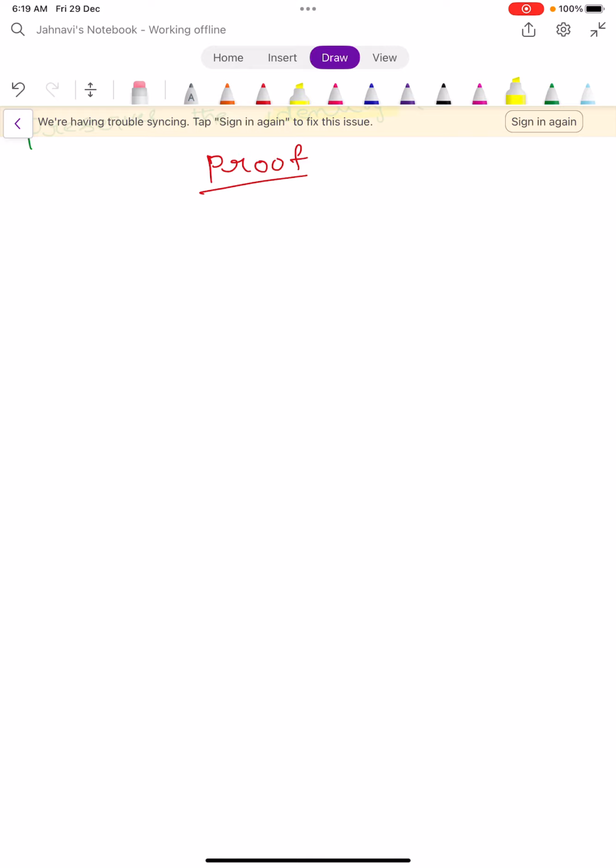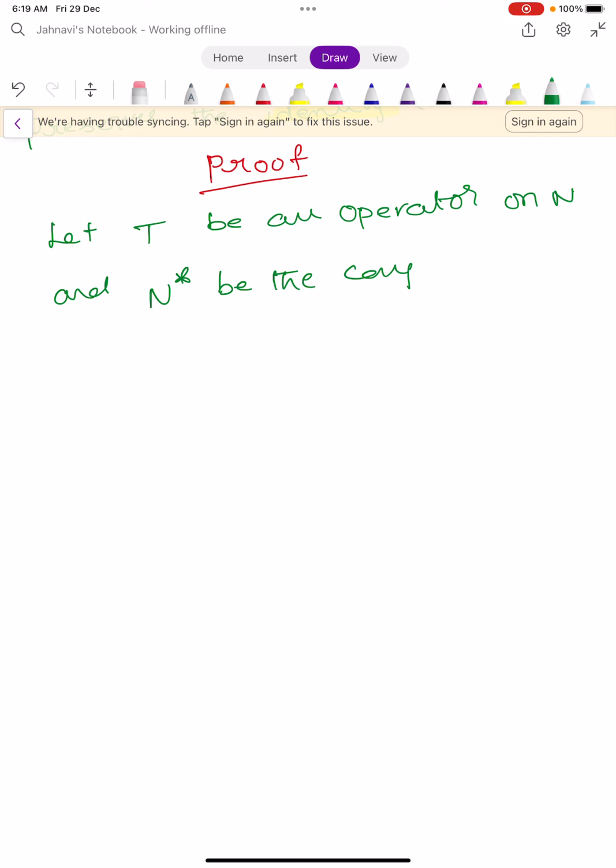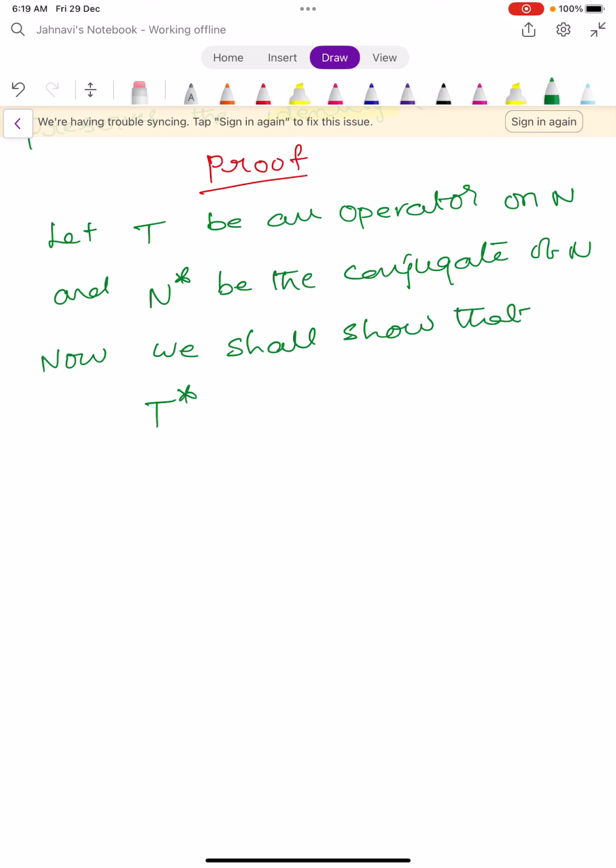So in the initial stage they are given that capital T is an operator on N, and N star is the conjugate of N. Now we shall show that T star is an operator.